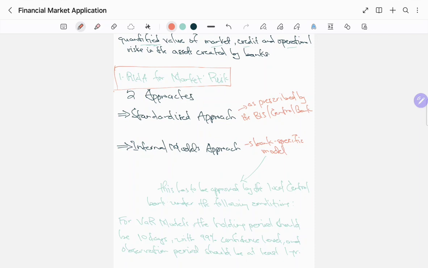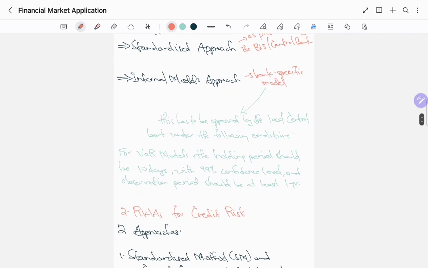The first is the standardized approach, where Bank of Ghana will give you a template and then you populate it, or you can use your internal models as well. The framework allows you to use your internal models subject to some conditions. The conditions are that it has to be approved by the central bank, in this case, Bank of Ghana. And for those using a value at risk model, it is quite specific.